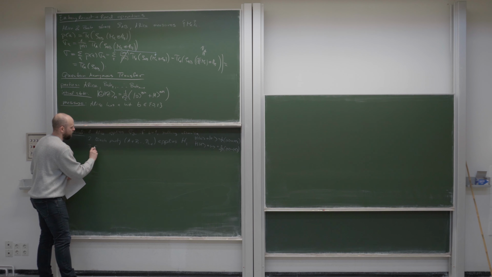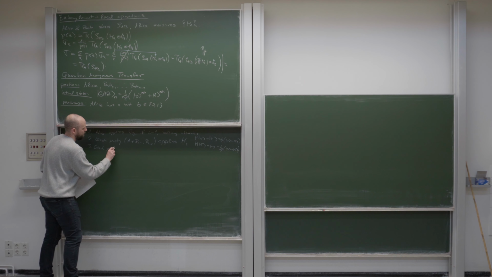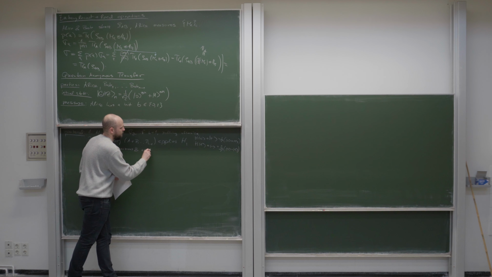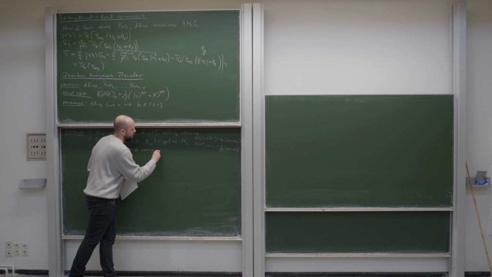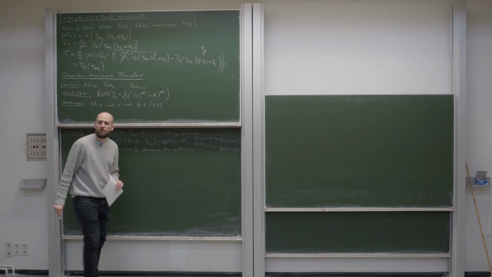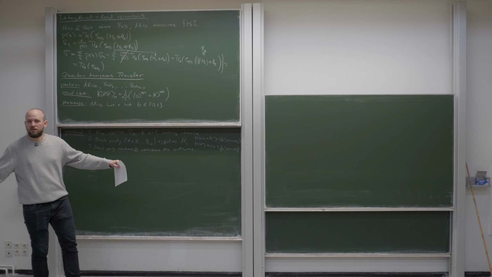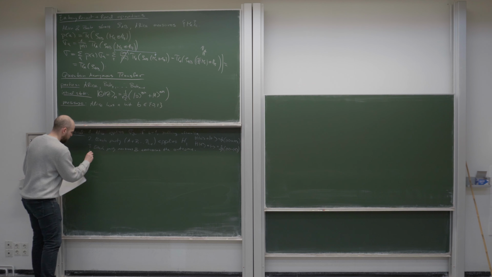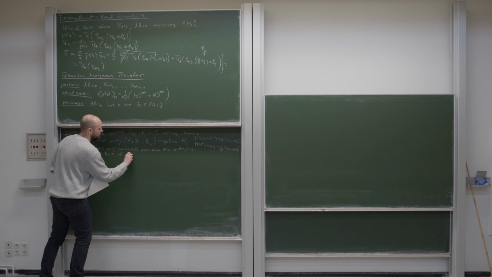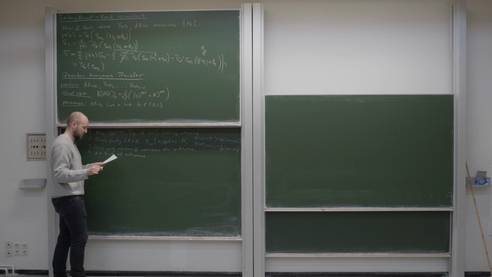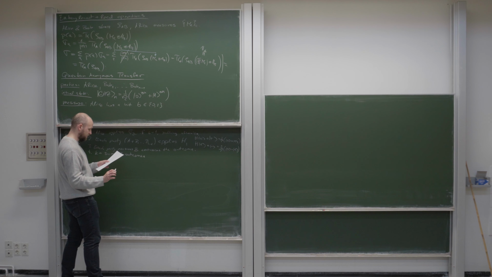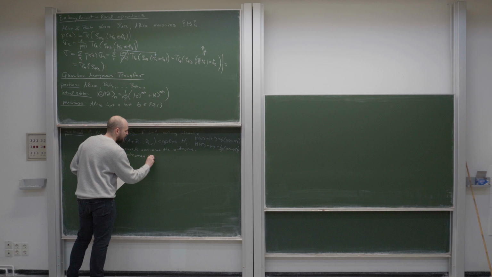And then each party measures and announces the outcome. So each party will just measure and publicly say, this is what I got. And the fourth step is that K is going to be the sum of outcomes, or the sum of the outcomes where we had a equals 1.